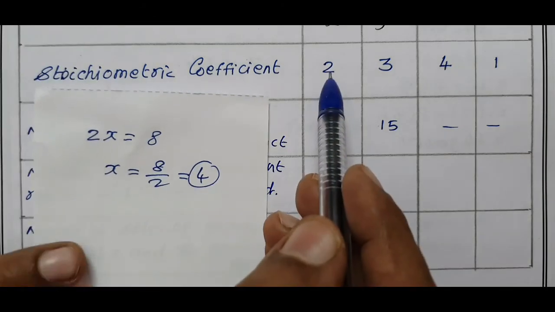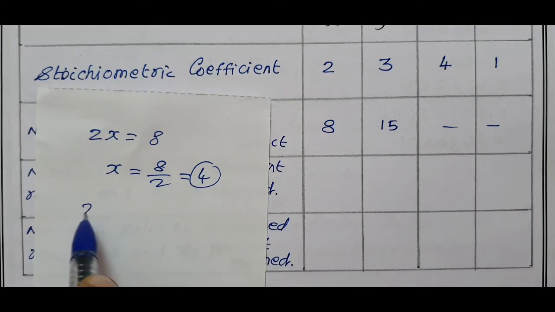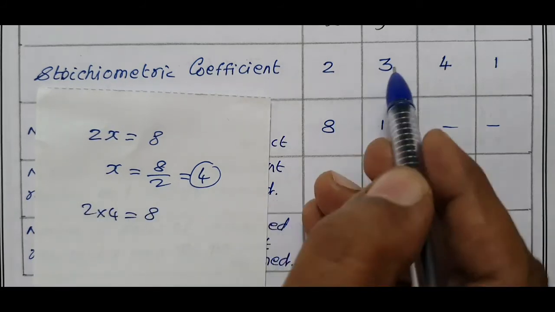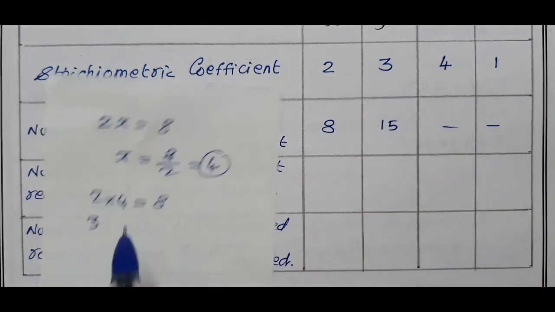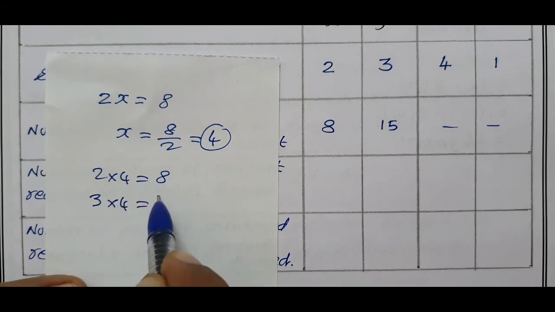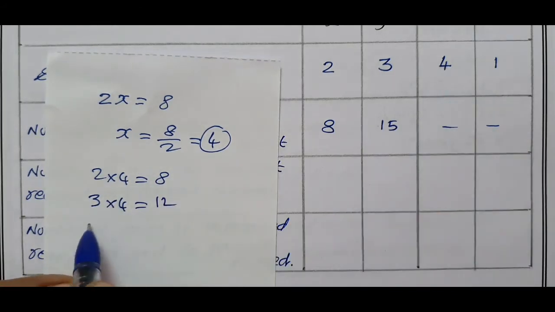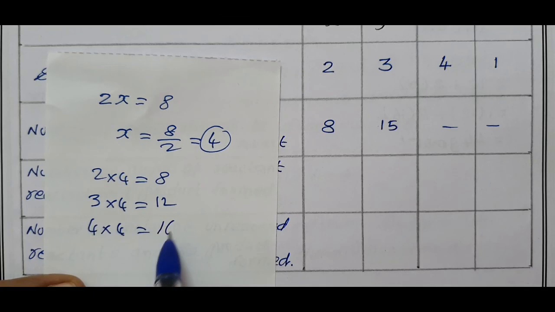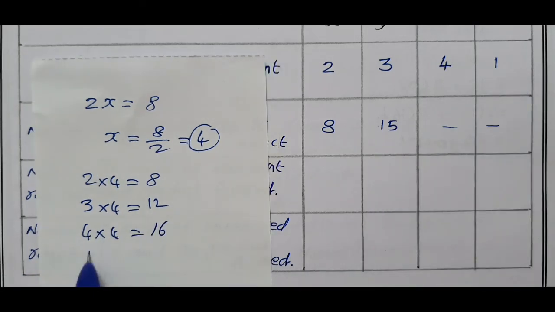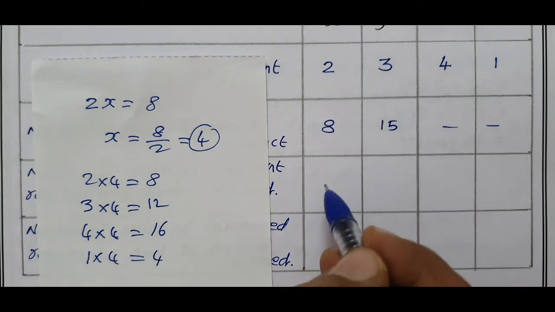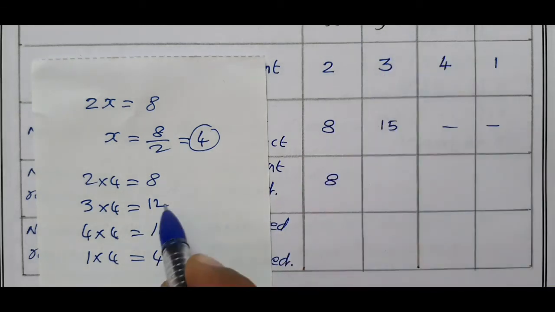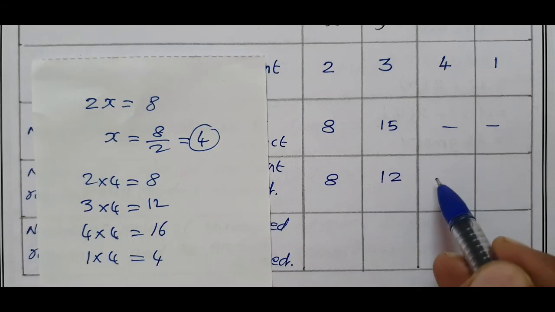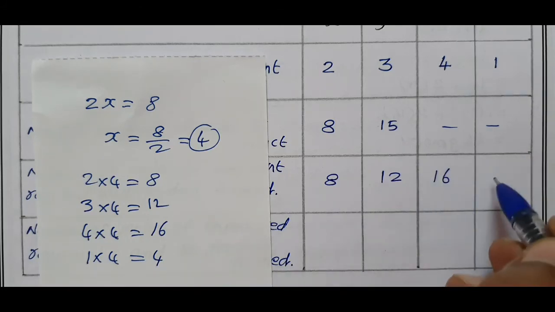X stoichiometric coefficient equal to 2, 2 into 4 is 8. Y, 3 into 4 is 12. L, 4 into 4 is 16 and M, 1 into 4 equal to 4. So, X undergoes reaction 8, Y 12, L 16 and M 4.